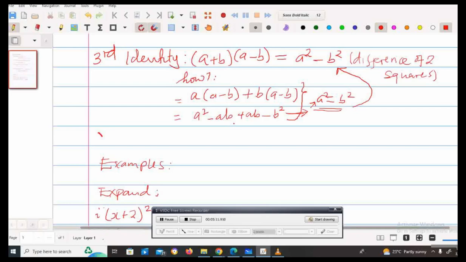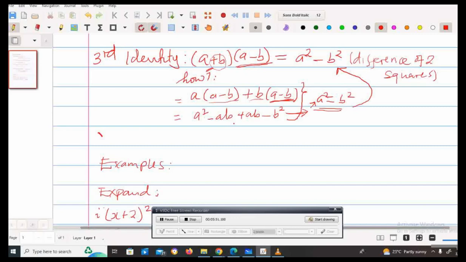We open the brackets: this a we multiply by the whole of the second bracket, so it is going to be a into a minus b, then this plus b multiplied by the whole of the second bracket again. a times a gives us a squared, a times minus b gives us minus ab, then positive b multiplied by a gives us plus ab, then b multiplied by minus b gives us minus b squared.